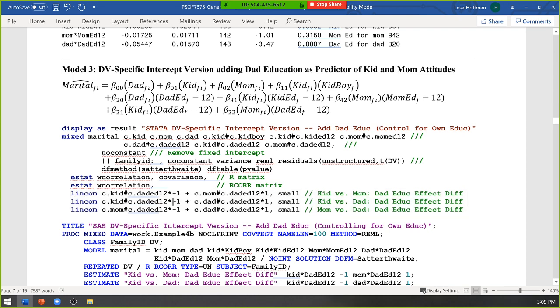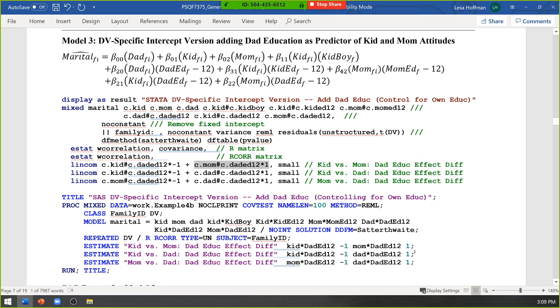And so differences in these slopes are just one minus the other. I write it out this way so that the code between SAS and Stata looks the same. But any slope that you want to know if it's different, you can just subtract one from the other in an estimate statement.